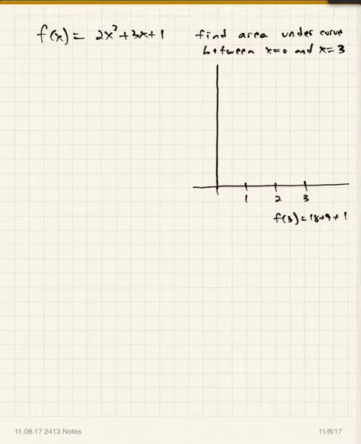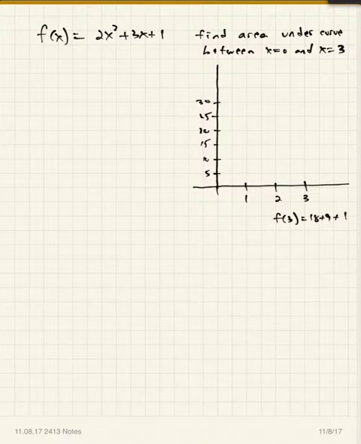So let's say we go here by fives. So that's 5, 10, 15, 20, 25, 30, like so.